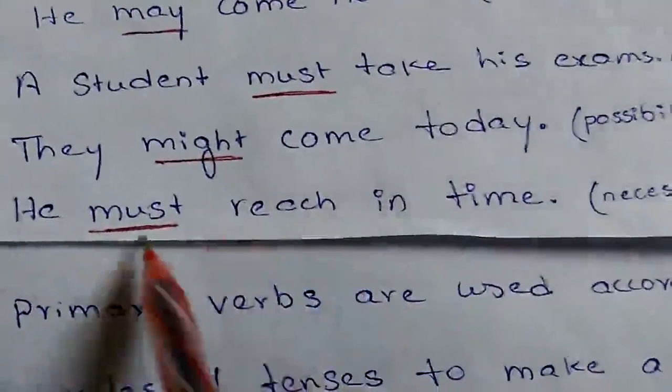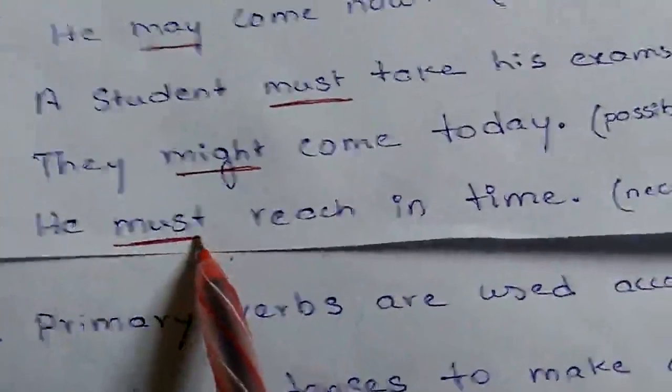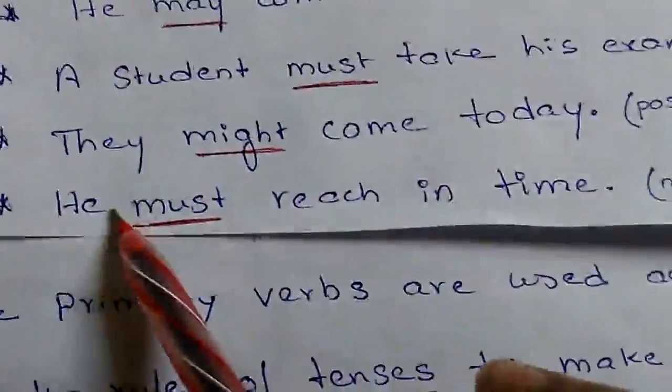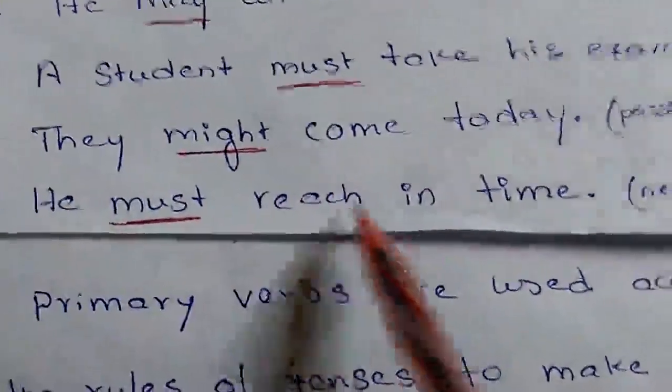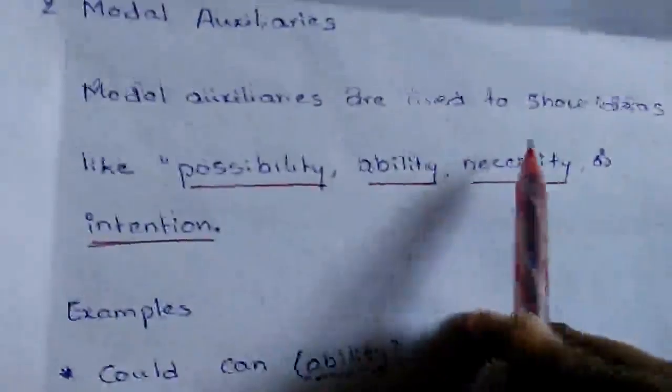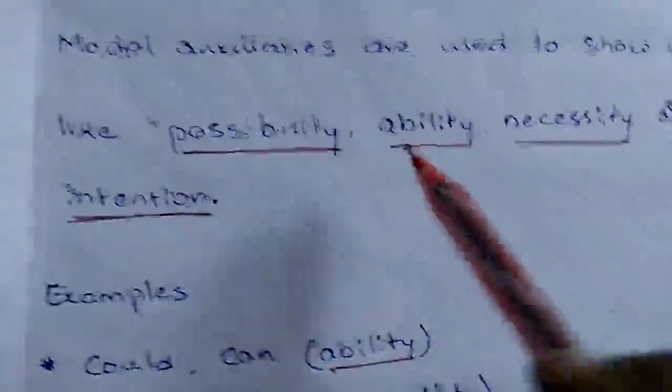Reach is the main verb. Must is the helping verb. Of course, it's a modal auxiliary which is used to show some necessity of his reaching in time. So these modal auxiliaries are used to show ideas like possibility, ability, necessity, intention.